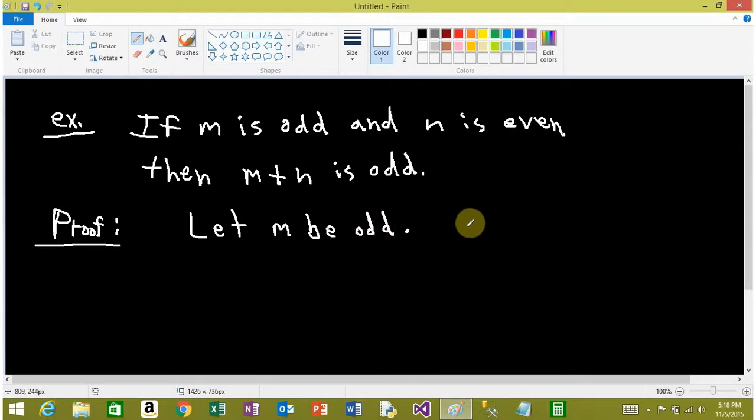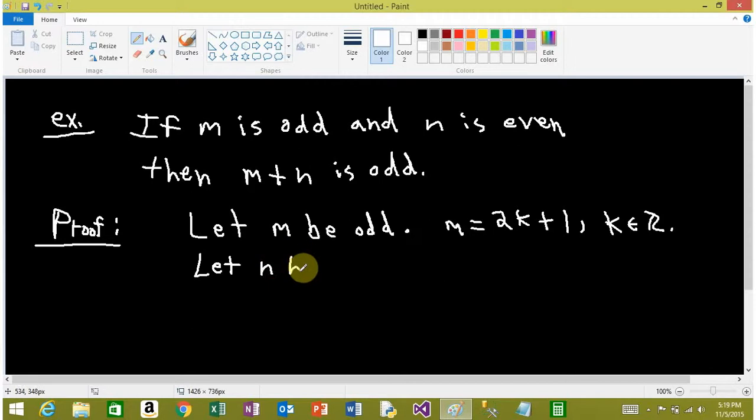That means that M is equal to 2k plus 1 for some integer k, and then we're going to let N be even.